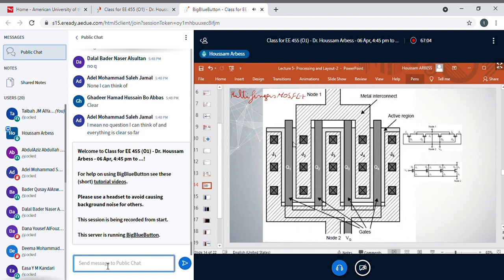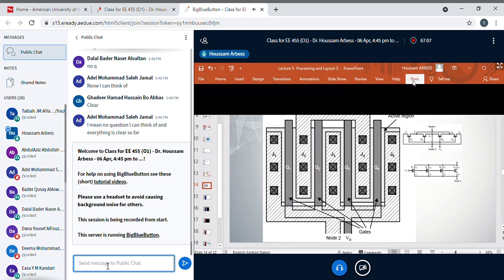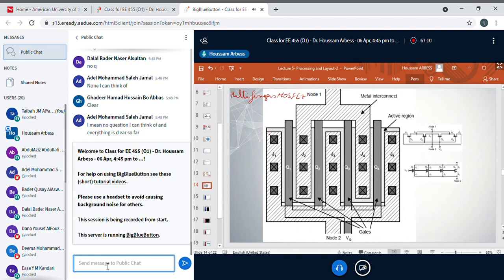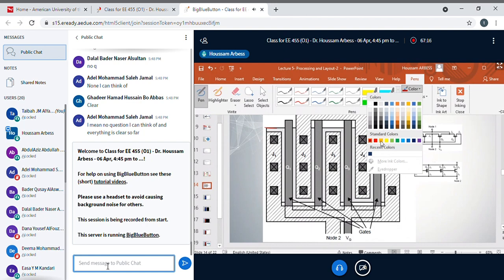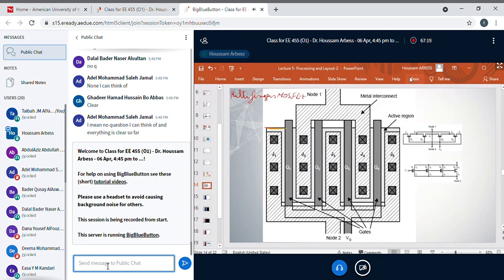If you did not see well the different layers here, I will try to help you. In general, we have N plus in this zone. Let me change the color and increase a little bit the size. From here to here, I'm trying to sketch the area.